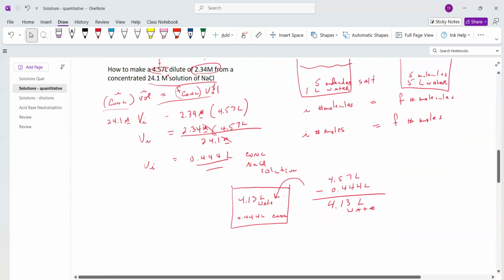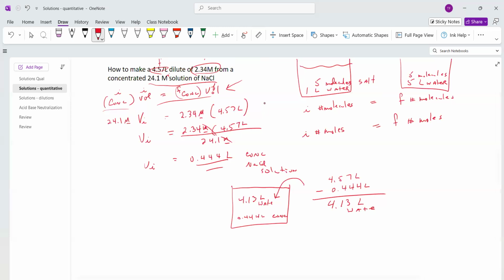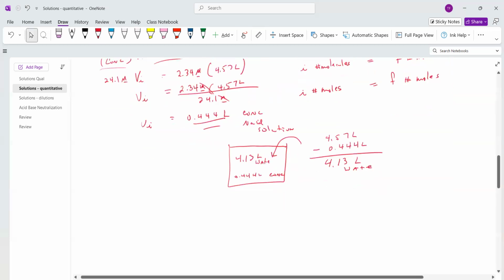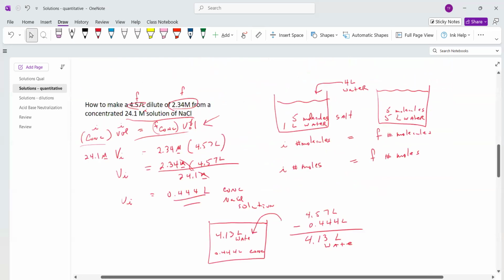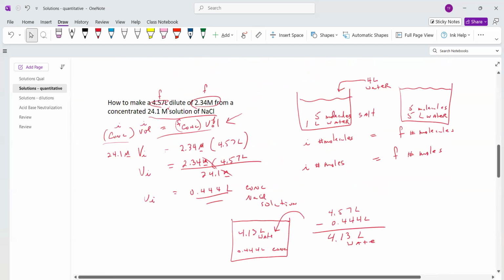So this is the key here, and we're going to use that throughout this unit. When we get into acids and bases, we're going to use that same calculation. So that's an example of a dilution problem.